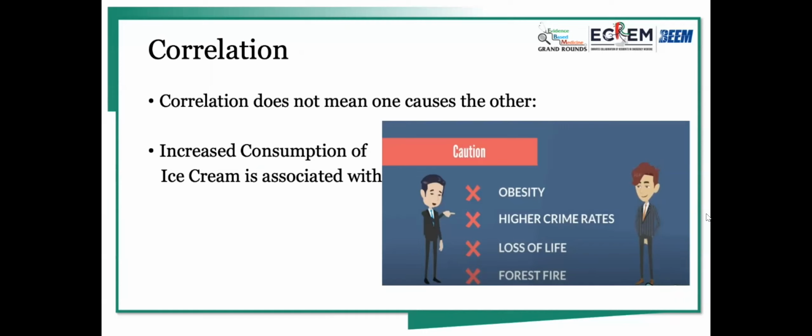And we know, and this is a fact, that every year increased consumption of ice cream is associated with increase in obesity, higher crime rates, loss of life, and forest fires. Now, who here thinks that consumption of ice cream could cause forest fires or higher crime rates?